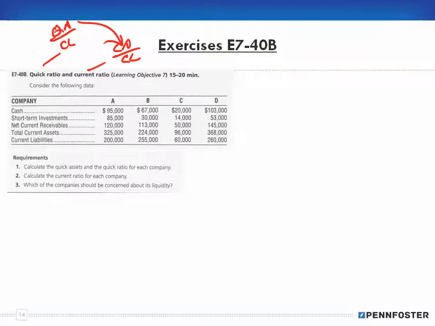We have cash and short-term investments. Those are marketable securities. If you watch the theory videos, I explain that. They could use the term short-term investments, but a lot of businesses use the term marketable securities, so in their chart of accounts you'll tend to see cash, then petty cash, then marketable securities, and then accounts receivable.